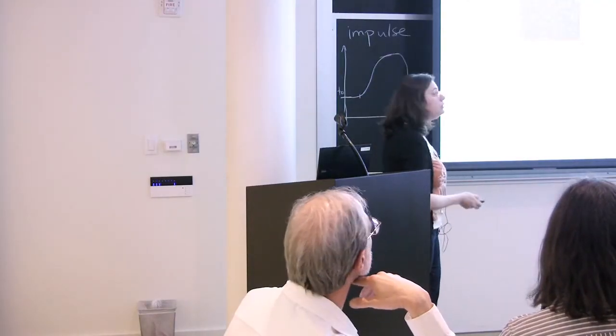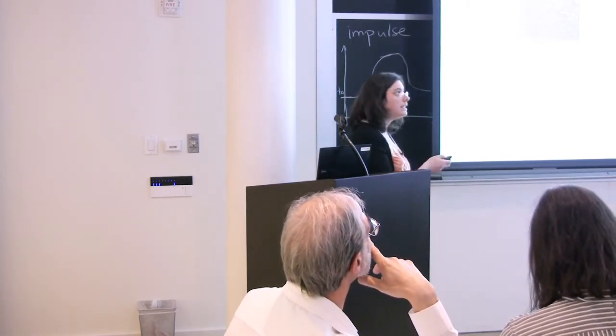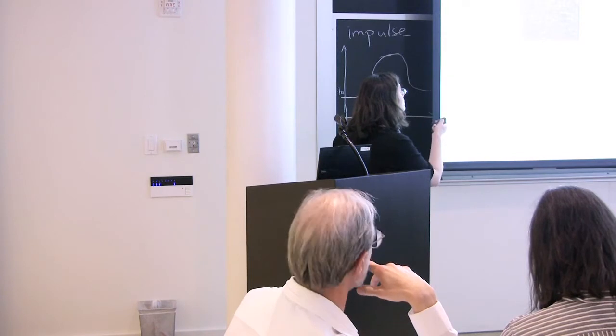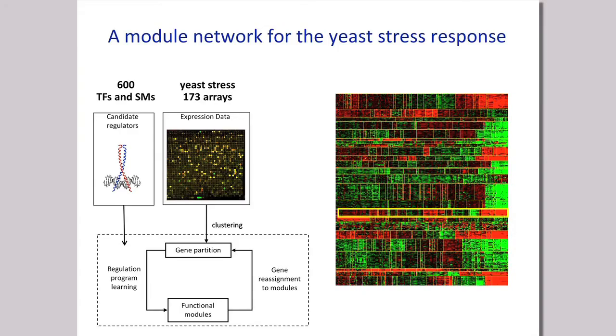So when you do that, we try to use exactly that stress data set that Audrey Gasch generated at Stanford several years ago. We also did this work several years ago. There were 173 array experiments here, so there are 173 columns here. And now this is not like the matrix we saw before. So each patch like this is one module, and you can see that they're really pretty nicely tied together, okay?